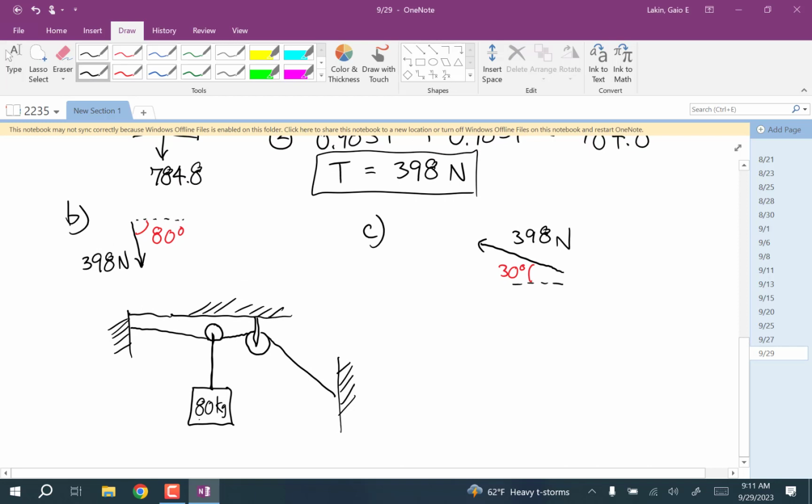And as that cable gets closer to horizontal, the tension in the cable approaches infinity. So you've got to do it with the cosine and sine on that. Okay?